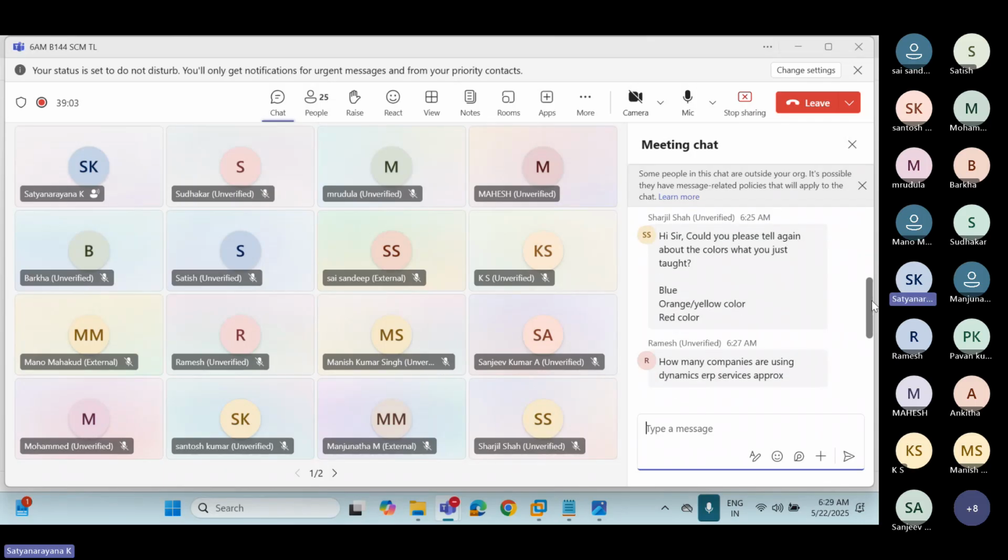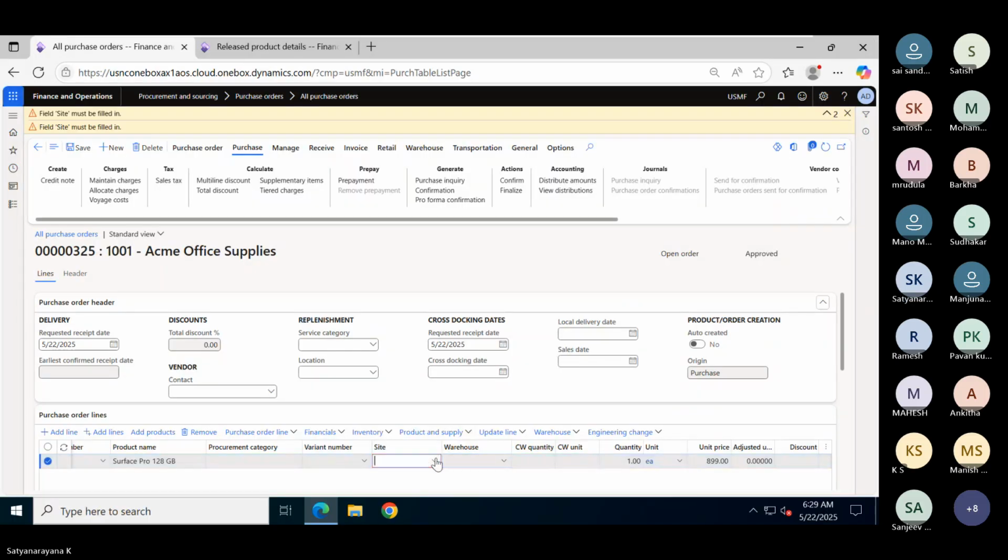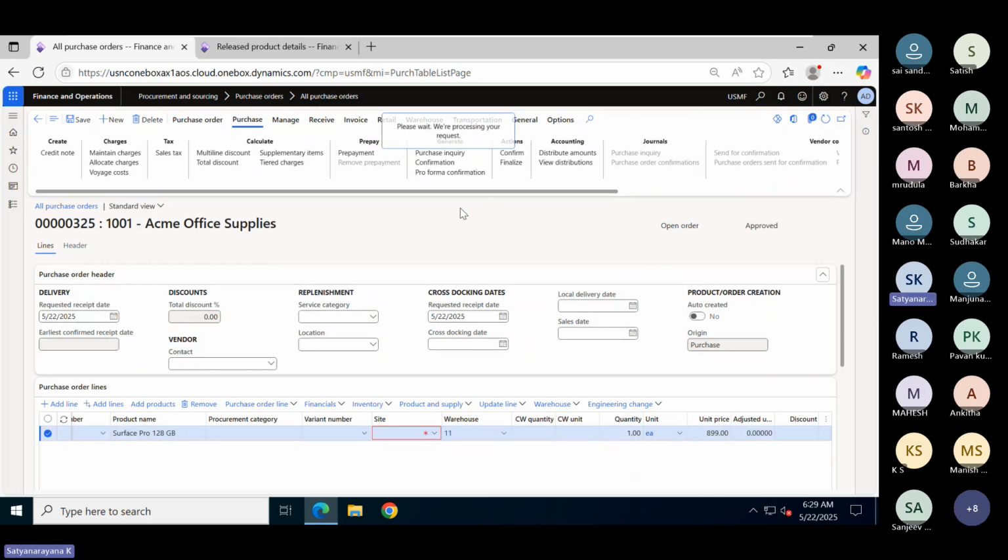If everything is perfect, then this yellow color will move and it will become blue color. So if you do confirm, it will show you blue color information.